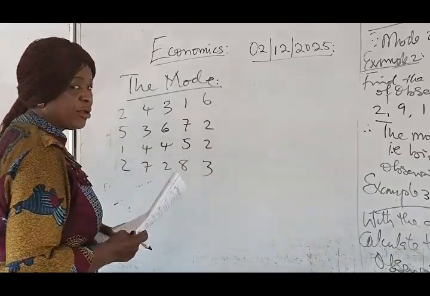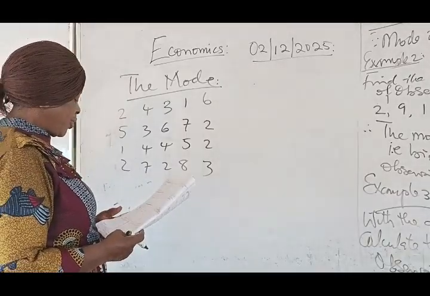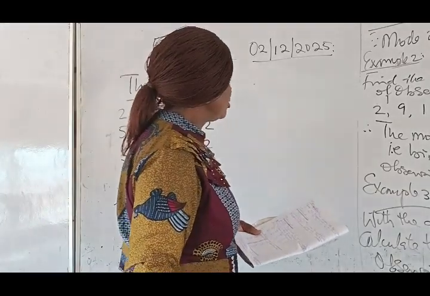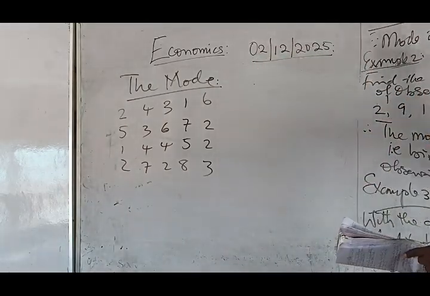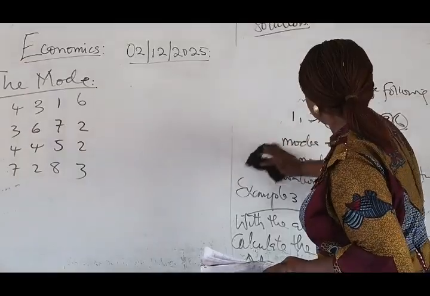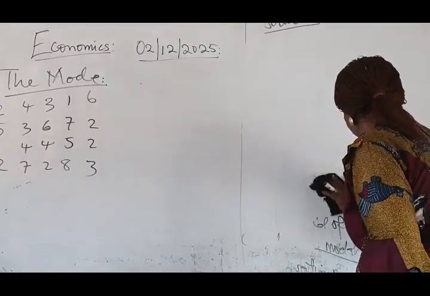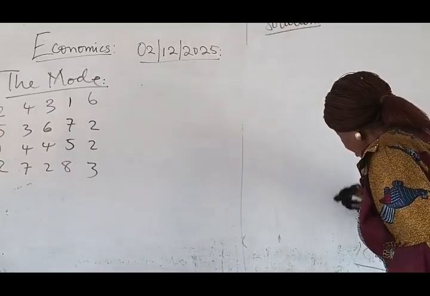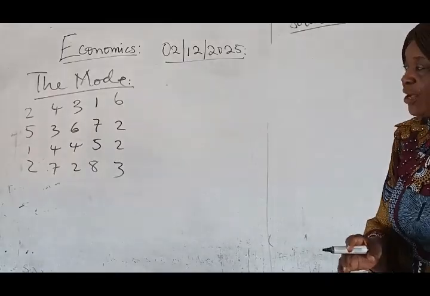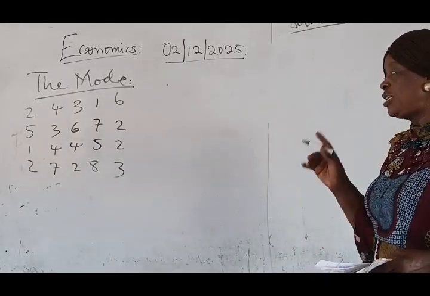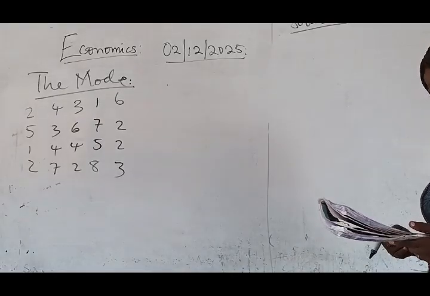So this is the set of the observation, and you're asked to use a frequency distribution table. Remember, we have been making use of the frequency distribution table. Like I advised the other time, always count the numbers so that you don't miss any figure, because any figure you miss from the distribution will give you a wrong answer.